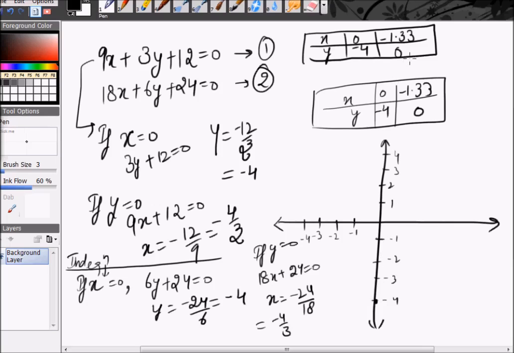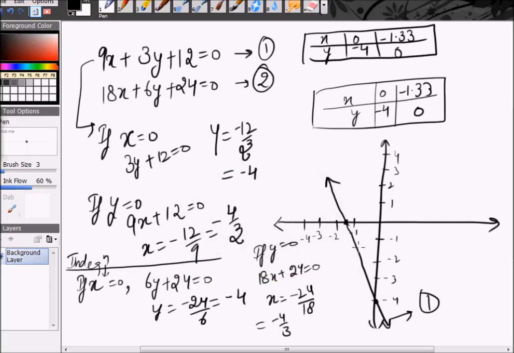For y equal to 0, x is minus 1.33. Joining these 2 points, the line of the first equation is like this. Friends, similarly for the second equation also, the points are 0, minus 4 and minus 1.33, 0.